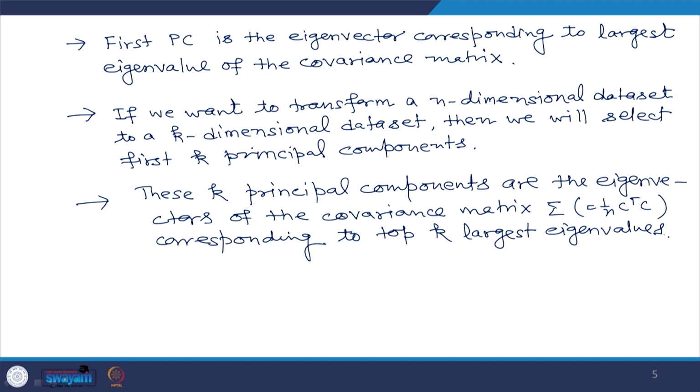So, what do you have to do? If you have n dimensional data, meaning your data is in Rn, and you want to reduce it to, let us say, Rk, k dimensions, where k is less than n. Using the original n dimensional data, first you will find the covariance matrix of the data.